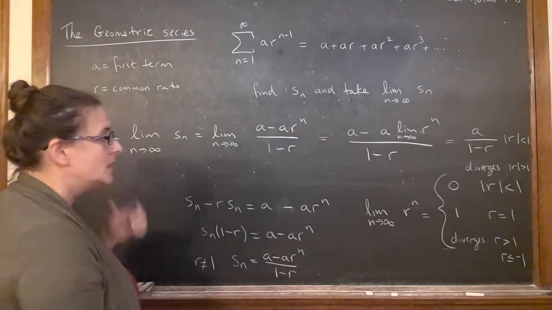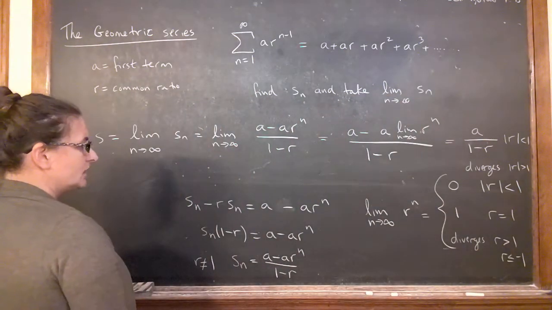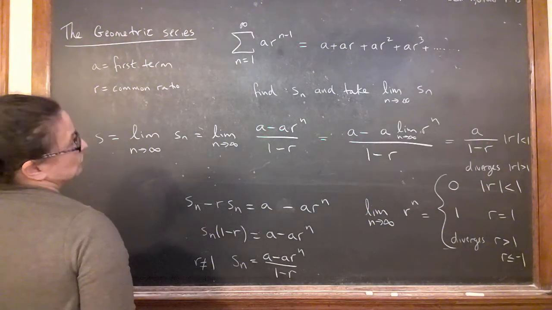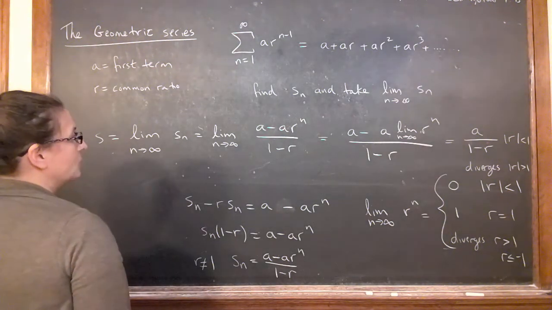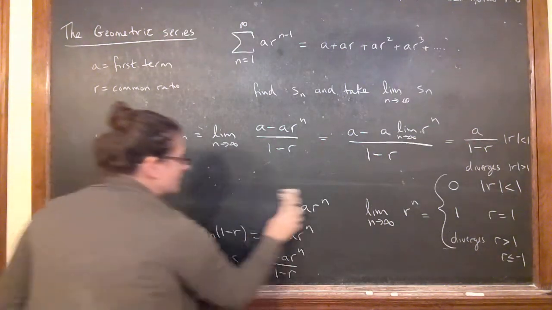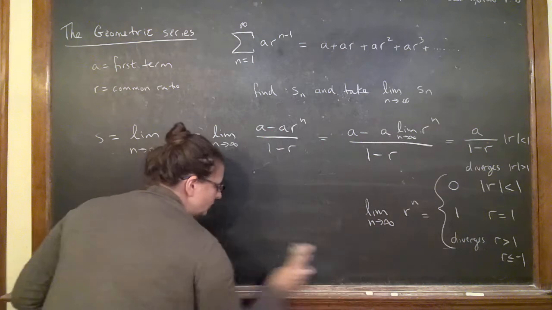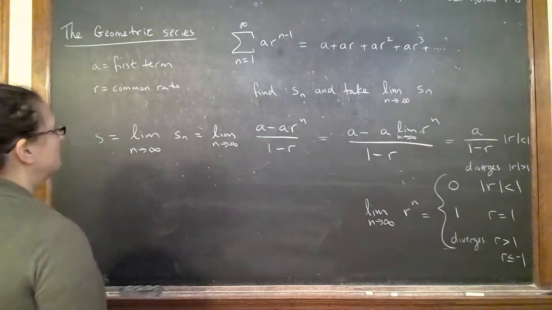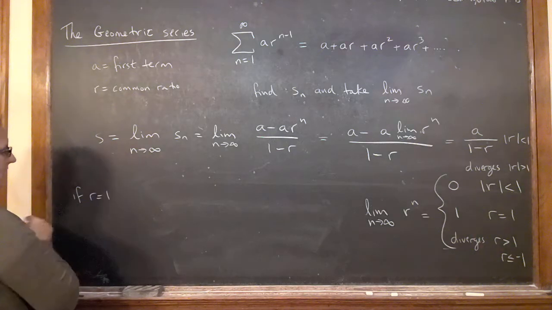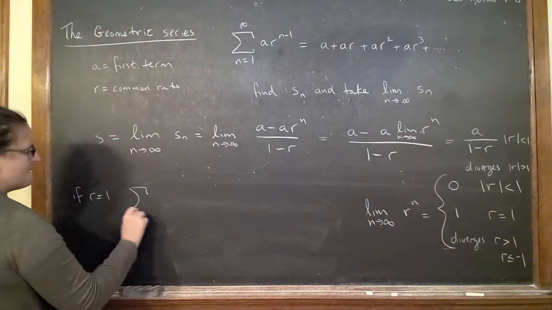Now I do have this question of what it's going to do for r equals 1, and I have to take care of that before I can write down my rule. But it's easy to think about. If r equals 1, then what do I have?